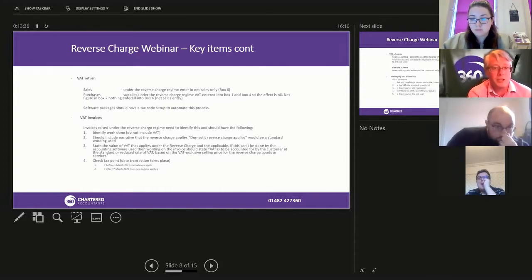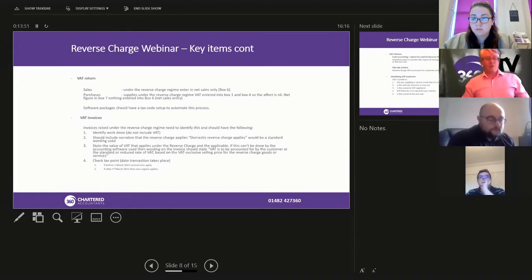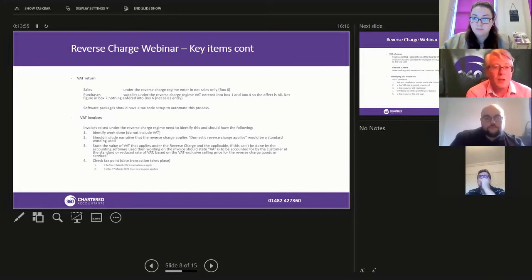But just as a refresher, if it's a sale under the reverse charge regime, then you only enter the net sale in the boxes. So if you're not dealing with the end user, then you wouldn't include the VAT element of it.